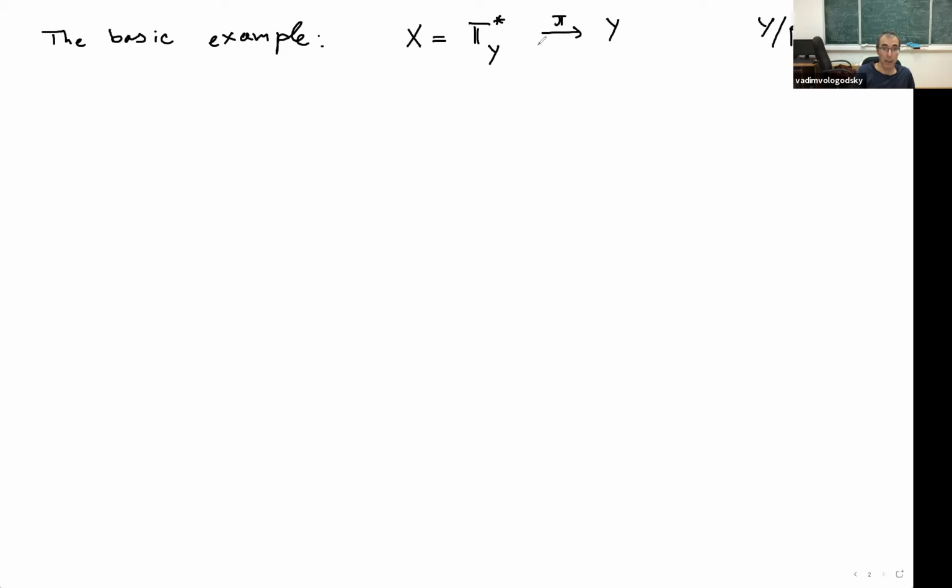The cotangent bundle to any variety has a symplectic structure, an exact symplectic form d eta, a two-form on X. It's non-degenerate, so it gives me an isomorphism between the cotangent bundle to X and the tangent bundle.